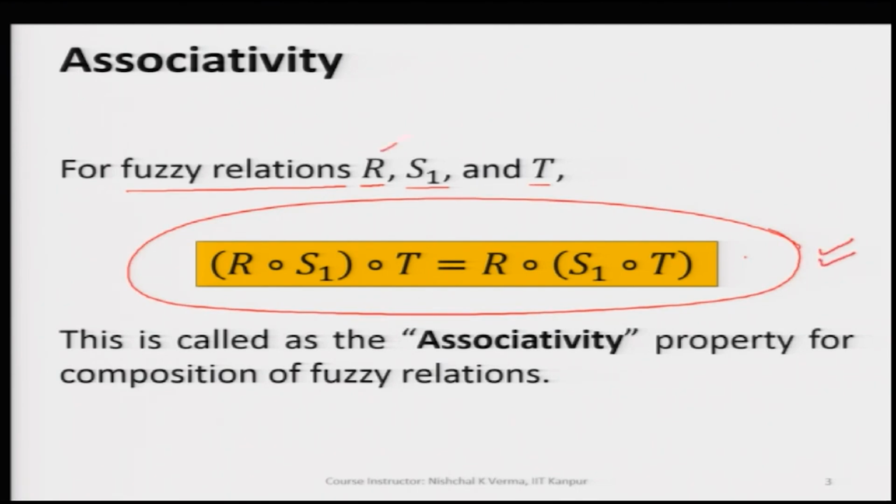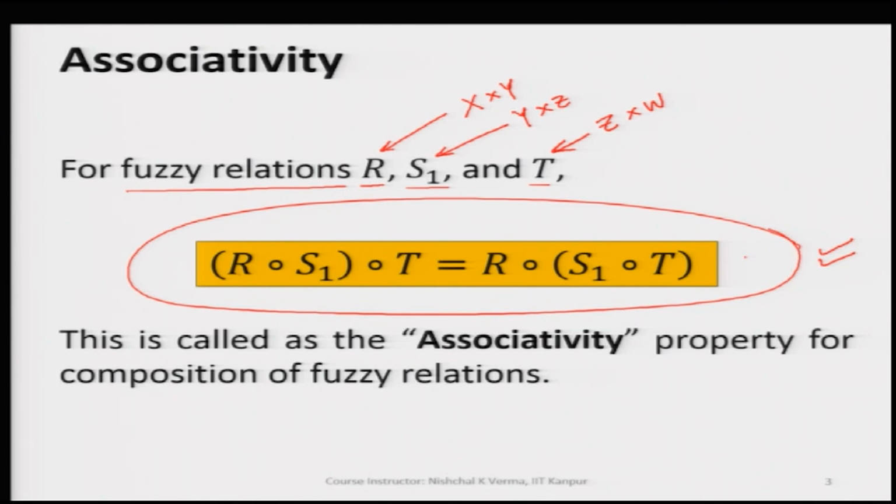R is defined in the universe of discourse X cross Y. Similarly, S1 is defined in the universe of discourse Y cross Z, and T here is defined in the universe of discourse Z cross W. This needs to be understood very clearly.